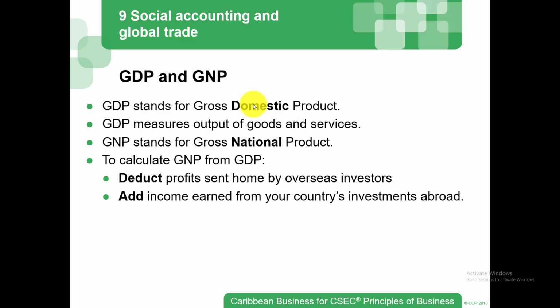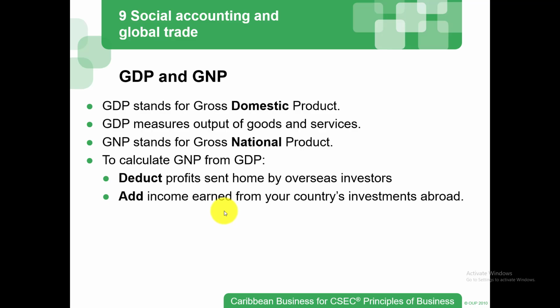GDP, gross domestic product. Now GNP, on the other hand, stands for gross national product, and national here refers to all the factors of production that are owned by a national of a given country. So GNP would be the monetary value of all goods and services created by factors of production owned by nationals of a said country.